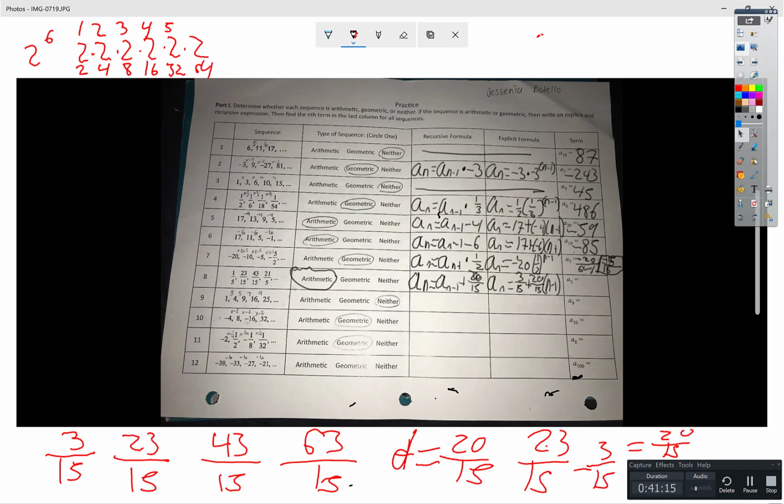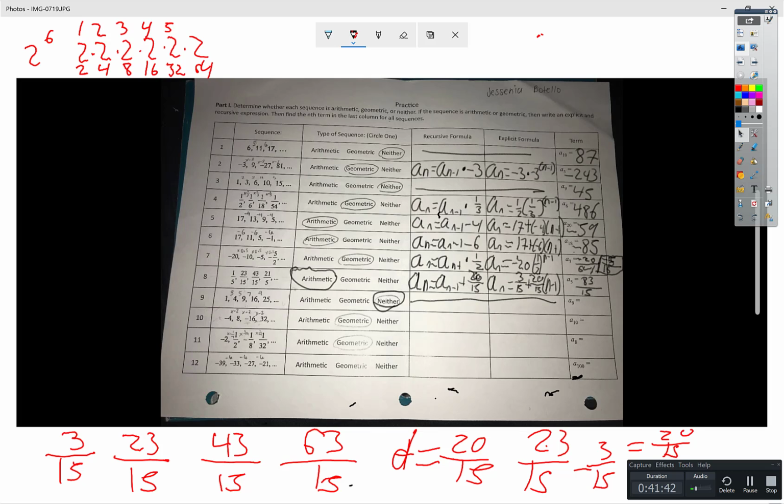If 63/15 is the fourth term, just add 20/15. So it'd be 83/15. So a5 is 83/15. Here we add 3, we add 5, you totally get this. So that is neither. That means we don't write recursive or explicit.